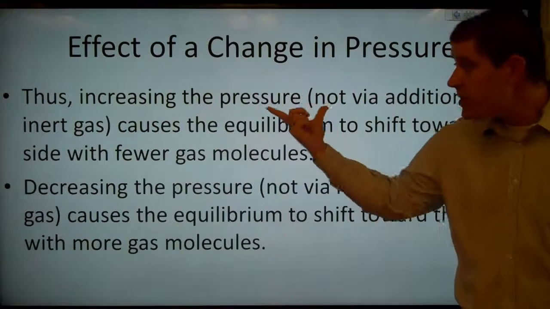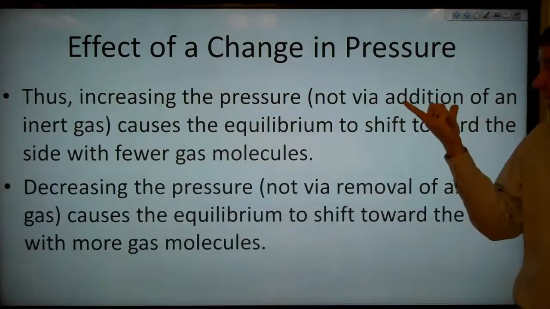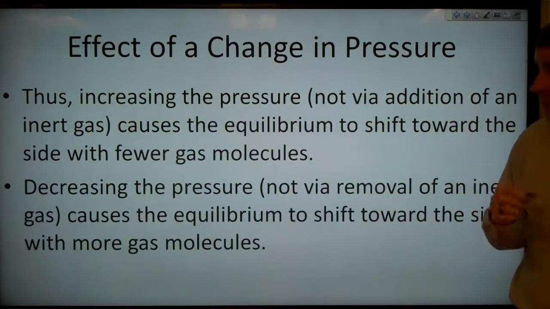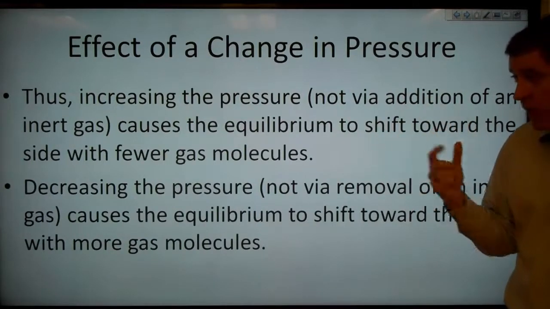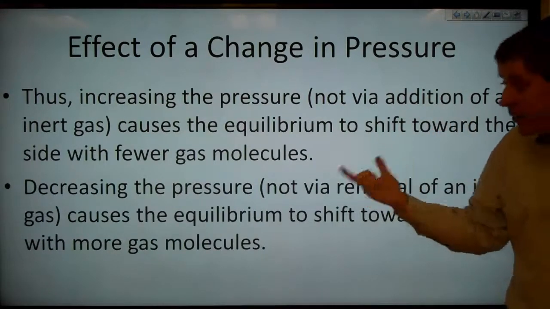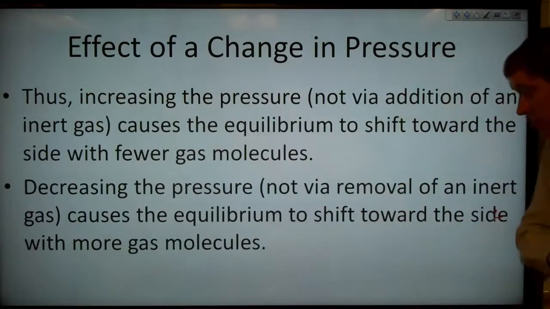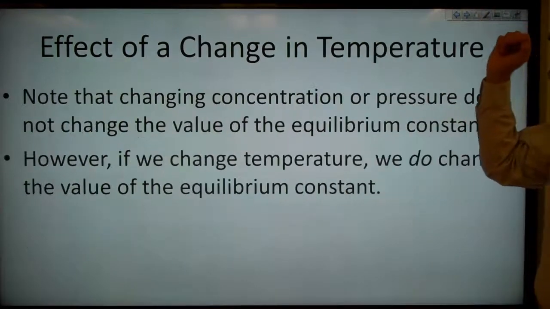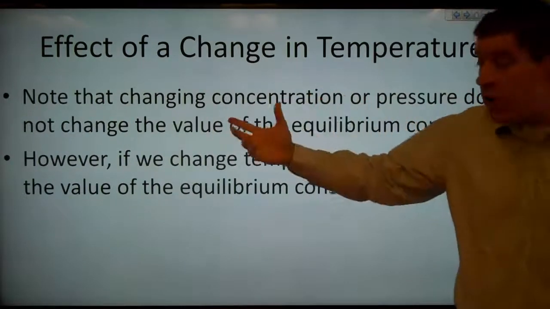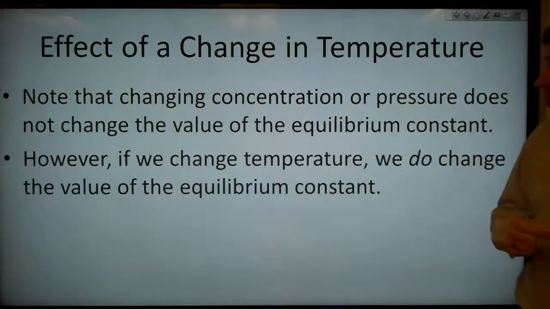So this means that increasing the pressure, not via addition of an inert gas, causes the equilibrium to shift towards the side with fewer gas molecules. And decreasing the pressure, again not via removal of an inert gas, causes the equilibrium to shift towards the side with more gas molecules. So note that changing concentration or pressure does not change the value of the equilibrium constant.